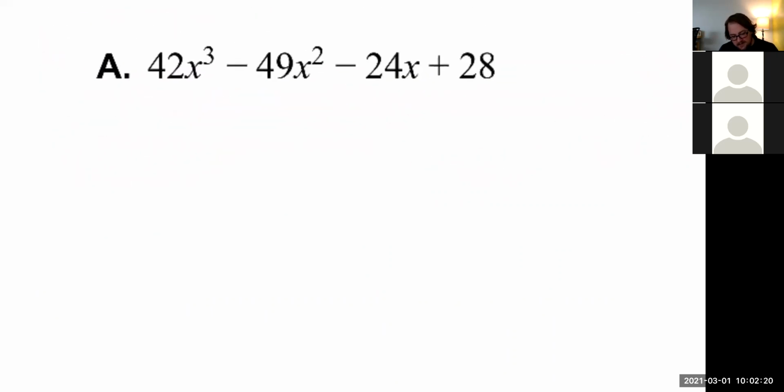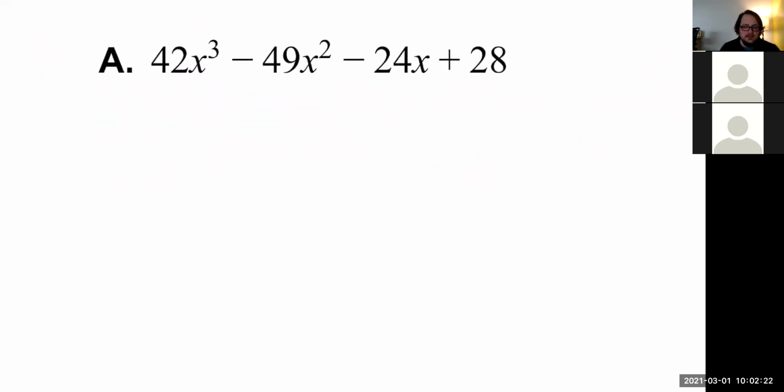But right off the bat, how many terms does this polynomial have? 4. So we would just lump it into the blanket term polynomial. Can you think for all 4 coefficients of a number that would divide nicely out of all of them?